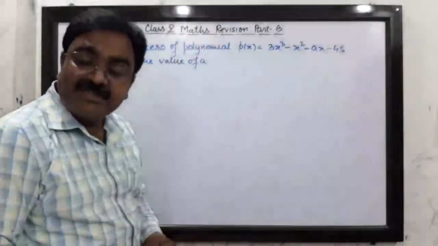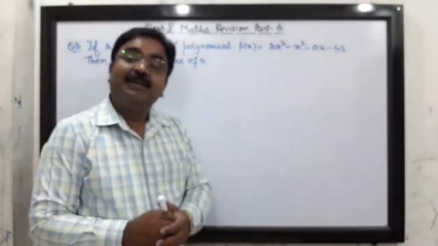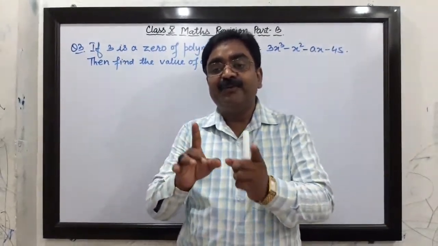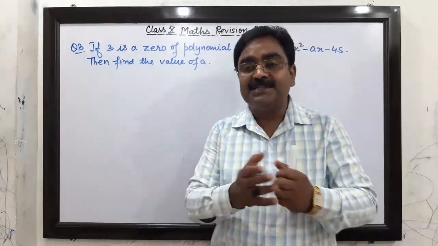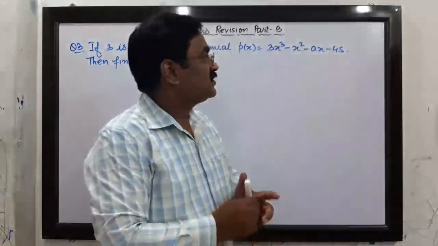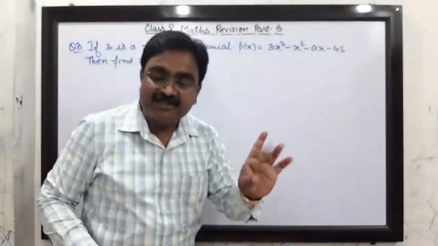As it is given that 3 is a zero of this polynomial, it means this 3 is a value of x, or you can say this 3 is a solution of this polynomial, इस polynomial का 3 एक solution है, एक zero है.